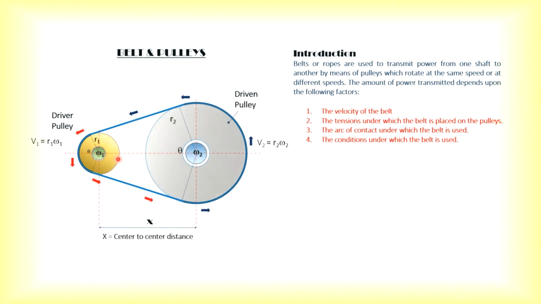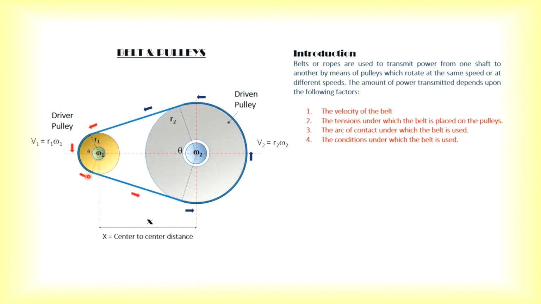Now we come back to this. What I've shown you here is the pulleys rotating in the anti-clockwise direction. What if it rotates clockwise? When the smaller driver pulley rotates clockwise, the larger pulley will of course also rotate clockwise.